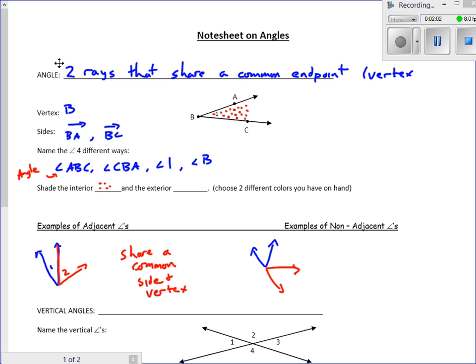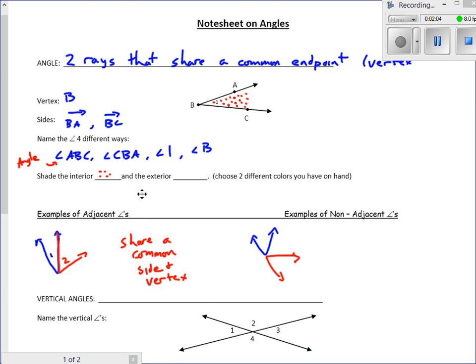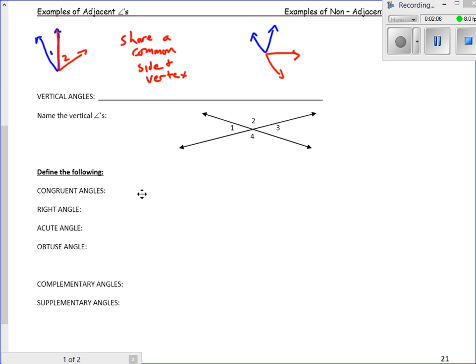All right. So we go down here to the next example. Talk about vertical angles. Now, despite the name vertical, it doesn't always have to be up and down. Probably the best way to look at this are angles that are across from each other when two lines intersect.